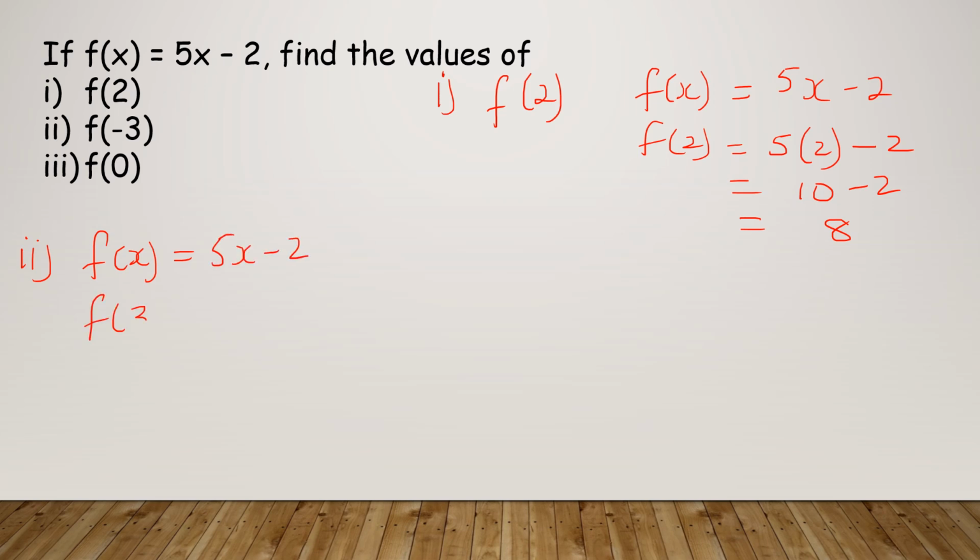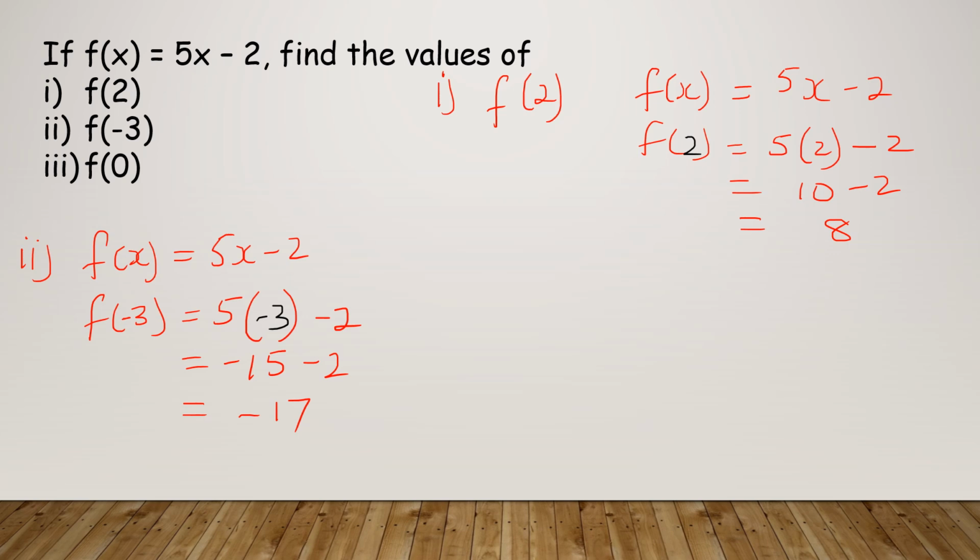So f of -3 is 5 times -3 minus 2. So that is -15 minus 2. So that's -17. Now let's change this and put it in a different color, -3, because this is a big problem for students.